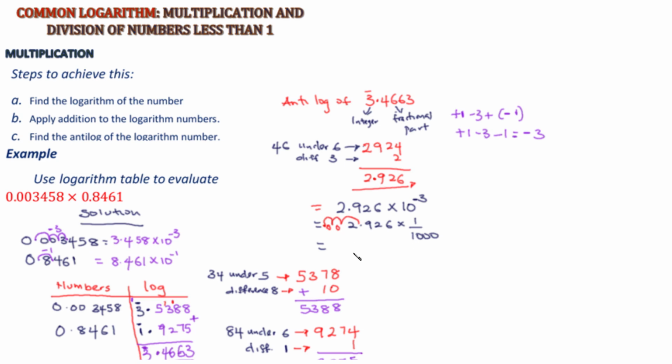You add a 0 to where it's vacant, and we have our value to be 0.002926. That is our final answer for the multiplication. Now follow the steps, and you understand how we can multiply using the logarithm table.